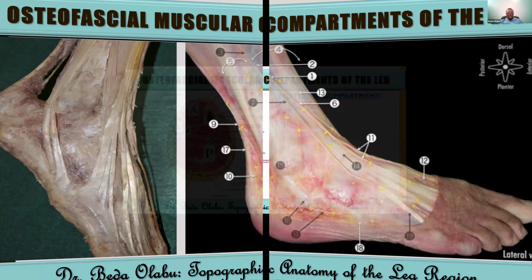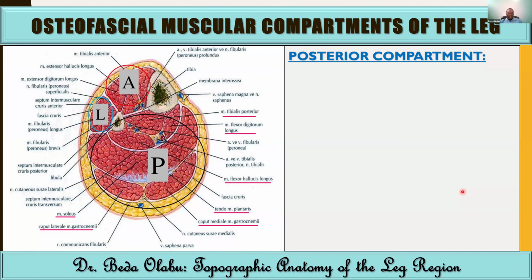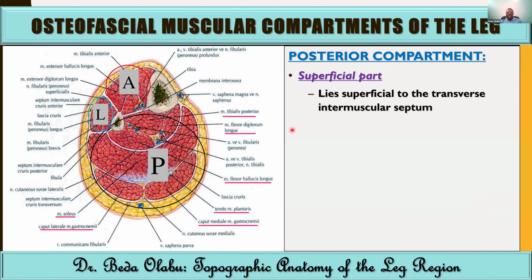We can now talk about the posterior leg compartment. Having mentioned that the posterior leg compartment has two zones, the superficial part and the deep part. The superficial part has the triceps surae muscle. So the triceps surae muscle are the gastrocnemius and the soleus. So we have the soleus, a very big muscle here.